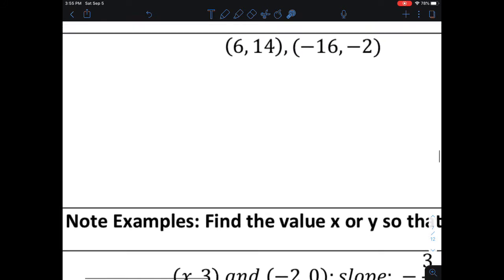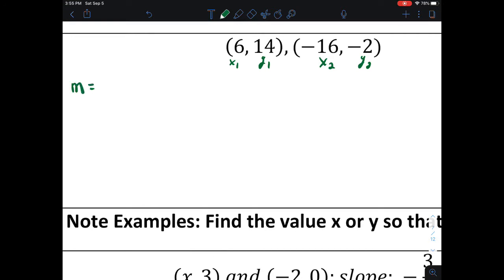So, let's find the slope of a line that passes through the points 6, 14 and negative 16, negative 2. I'm going to label these for right now as x1, y1, x2, y2. Now the slope of the line that passes through those points is going to be y2 minus y1 over x2 minus x1.